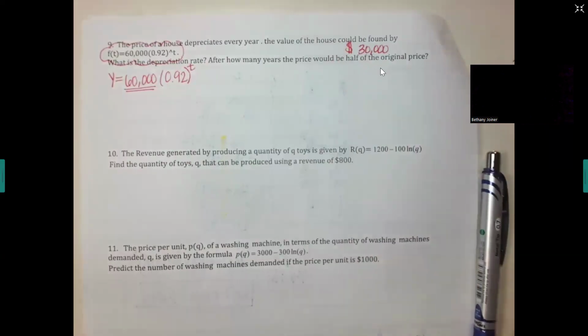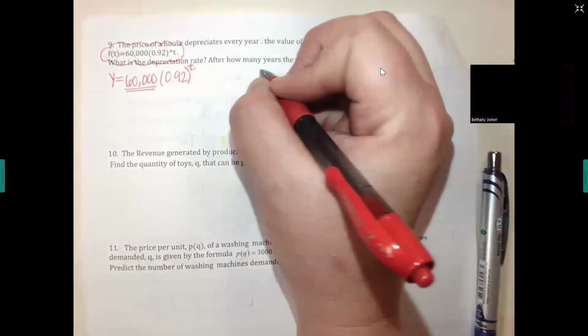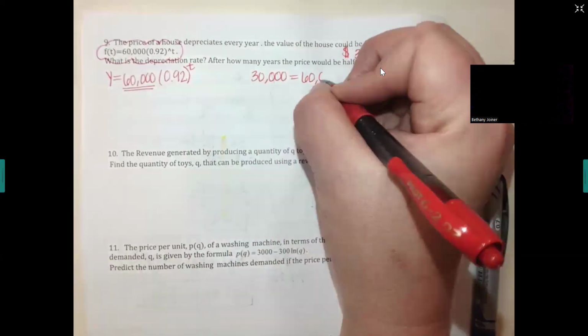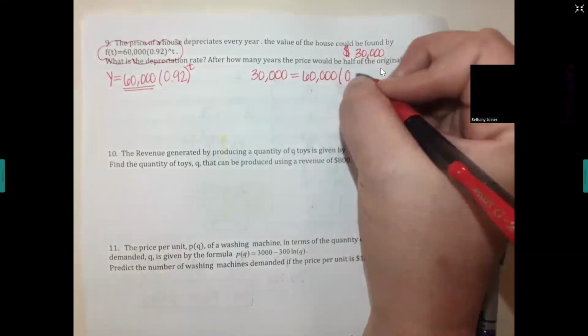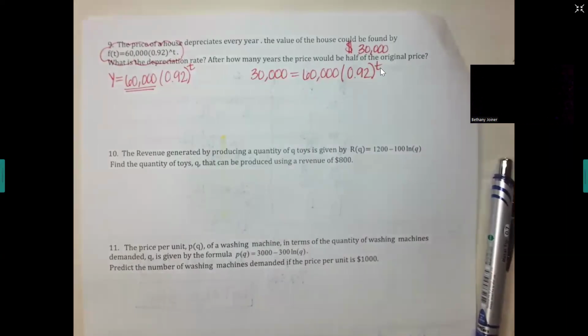And then remember that if I want to know how long it's going to take to get there, I'm going to take this equation and set it equal to 30,000. So I have 30,000 equals 60,000 times 0.92 up to the t. Now, we practiced solving these right before Thanksgiving break.